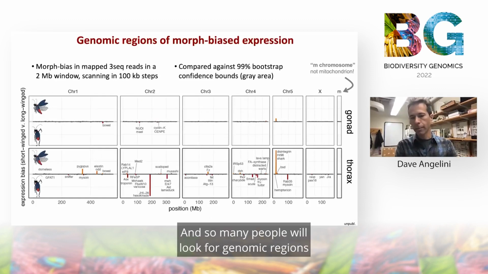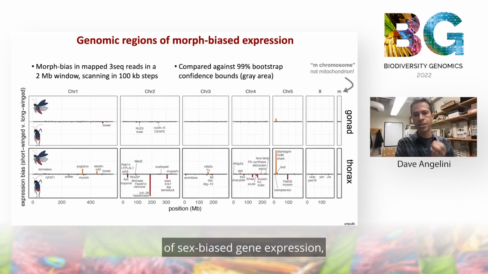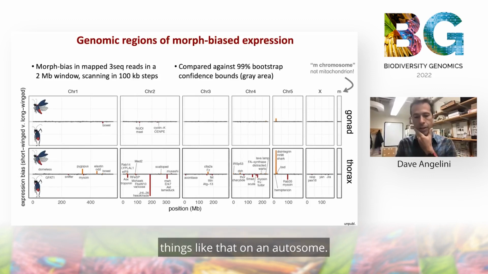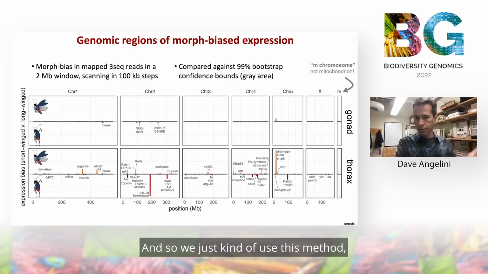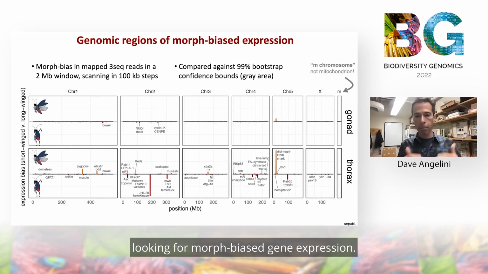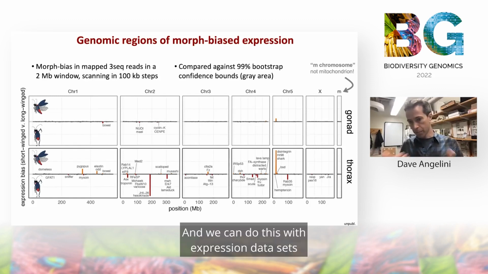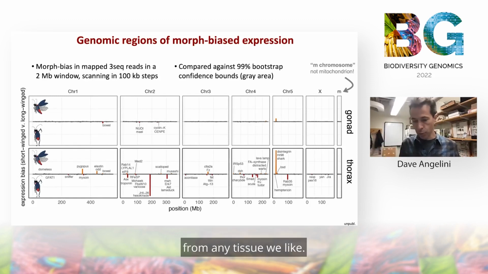And so many people will look for genomic regions of sex-biased gene expression. And you'd expect to see things like that on the sex chromosomes, but occasionally you also see things like that on an autosome. And so we just kind of use this method, scanning across the genome in a window, looking for morph-biased gene expression. And we can do this with expression data sets from any tissue we like.